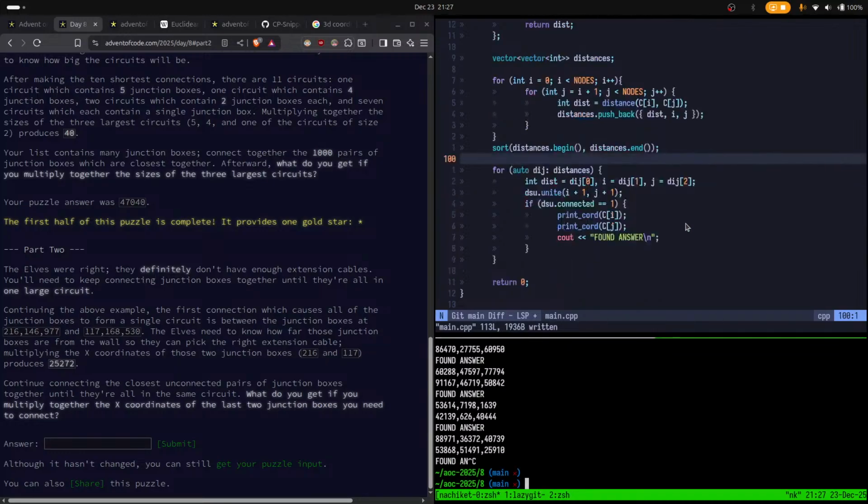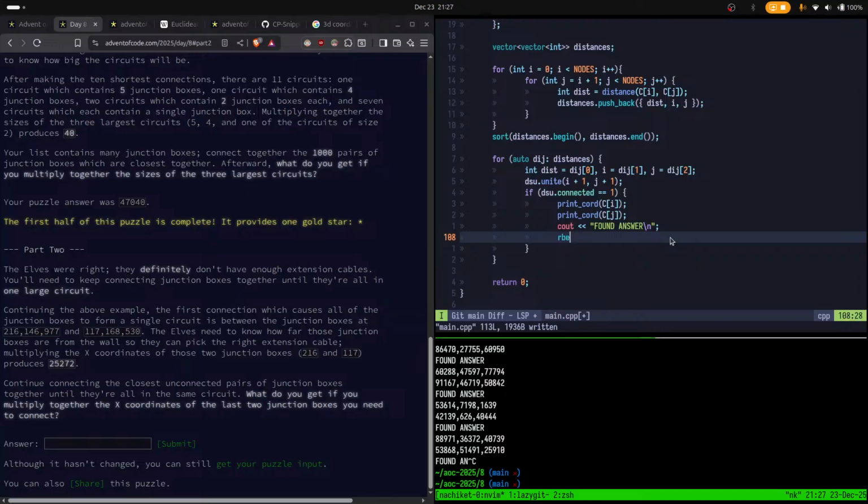Okay, this should also break. Let's try it on the sample case. Is the answer correct? I need to find out the first one, so let's recompile this.